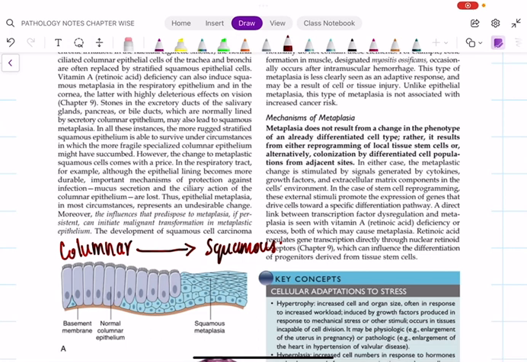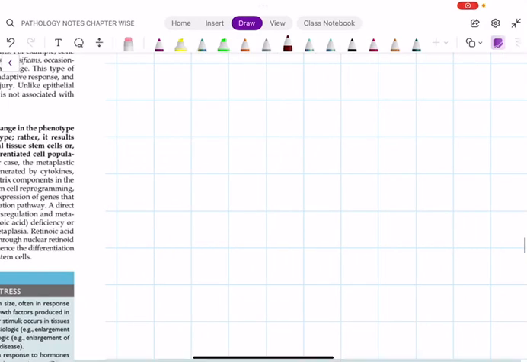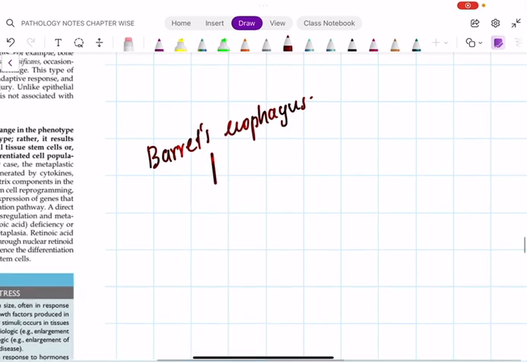We will say it is squamous metaplasia. Next, we have a condition called Barrett's esophagus. It is a pre-malignant condition. That means it is not a cancer, but in future it may lead to malignancy. Barrett's esophagus, we call it columnar metaplasia.